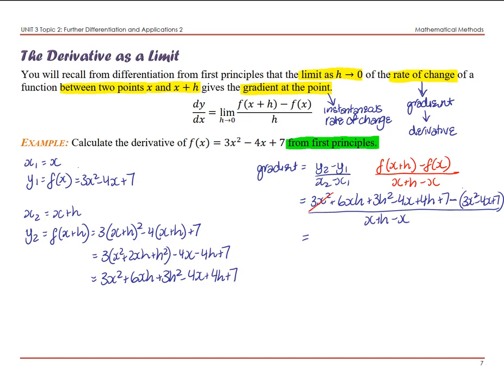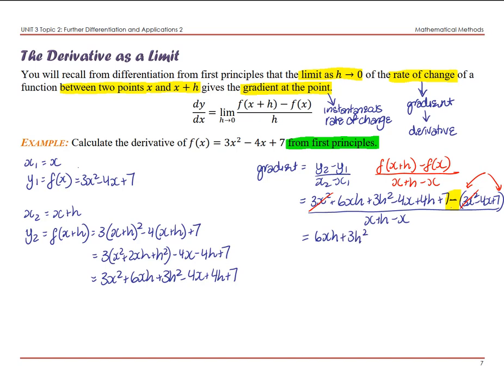Now you'll see the 3x squareds cancel. Remember also, I should point out, because of this minus, make sure you use brackets because everything within that bracket is subtracted. Okay, so we have our 6xh plus 3h squared.